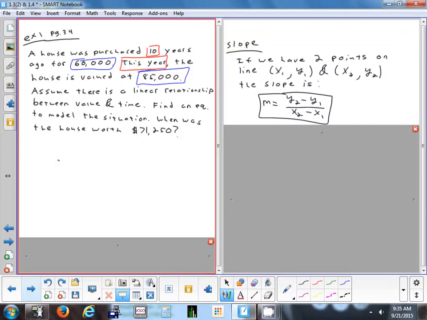Let's start out with year 0. When I first purchased the house, before any time went by, how much was the house worth? When I first purchased the house, it was worth $60,000. Now, 10 years later, what's the value of the house? $85,000.